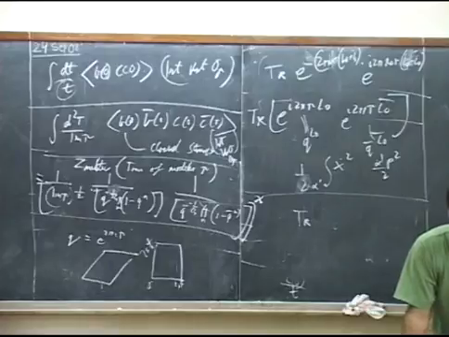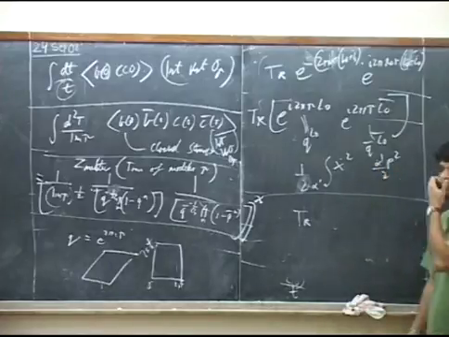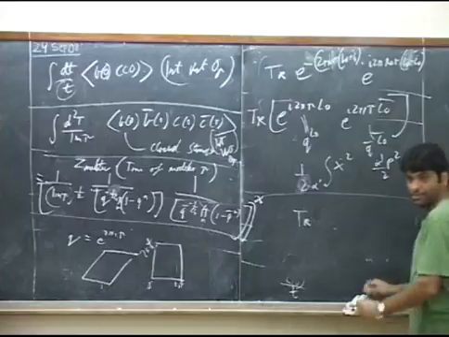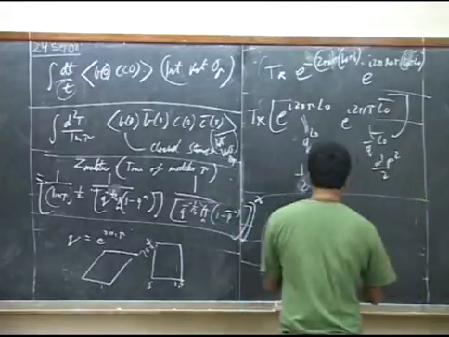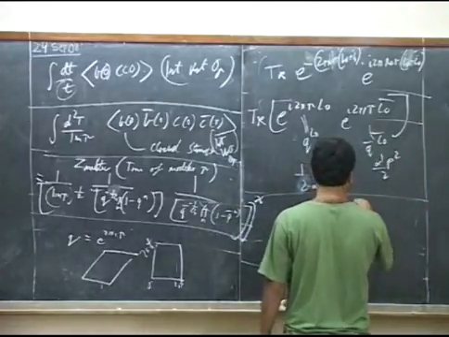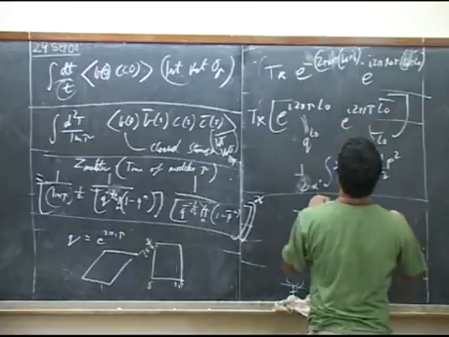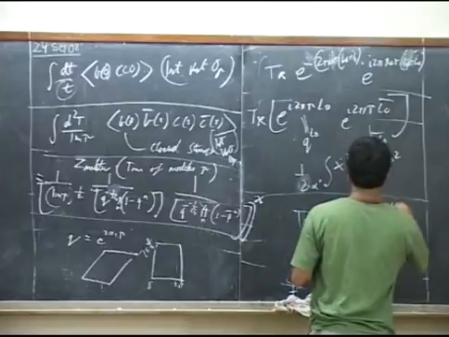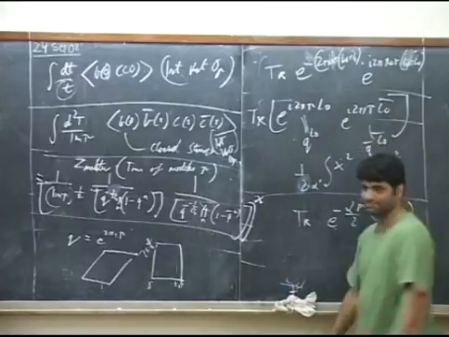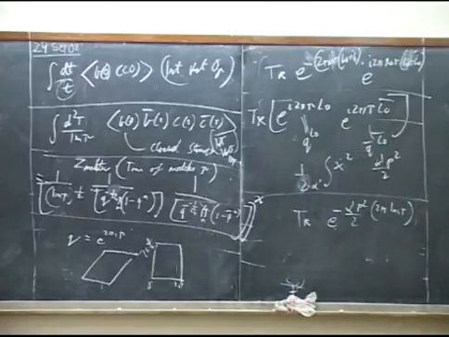Is this clear? So this is the spectrum. So what we want to do is to compute the trace of e to the power minus alpha prime p squared by 2 times 2 pi tau. This is what we want to do.